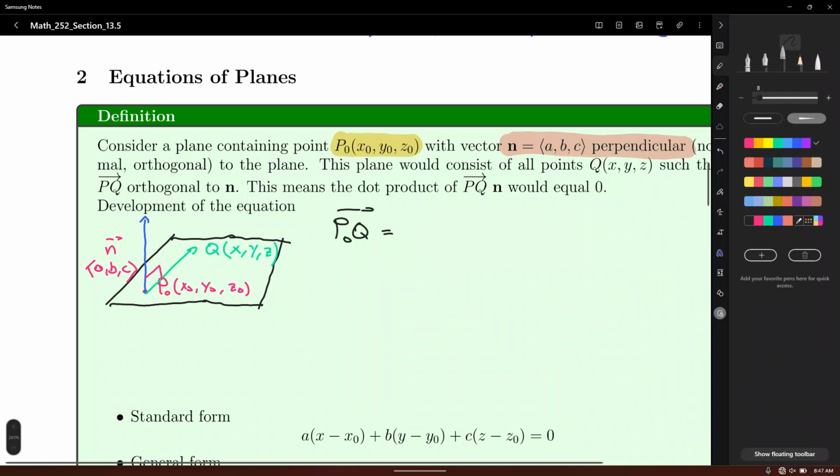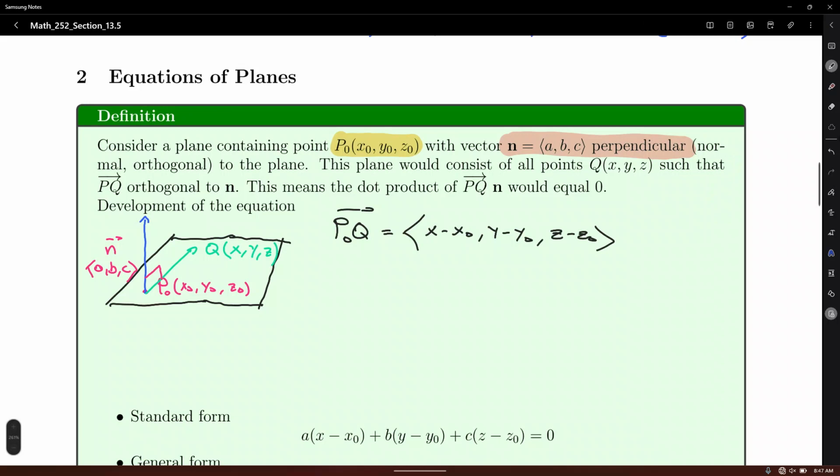Well, terminal minus initial: x minus x naught, y minus y naught, and z minus z naught. And then we have the second vector, that is n, which is a, b, and c.